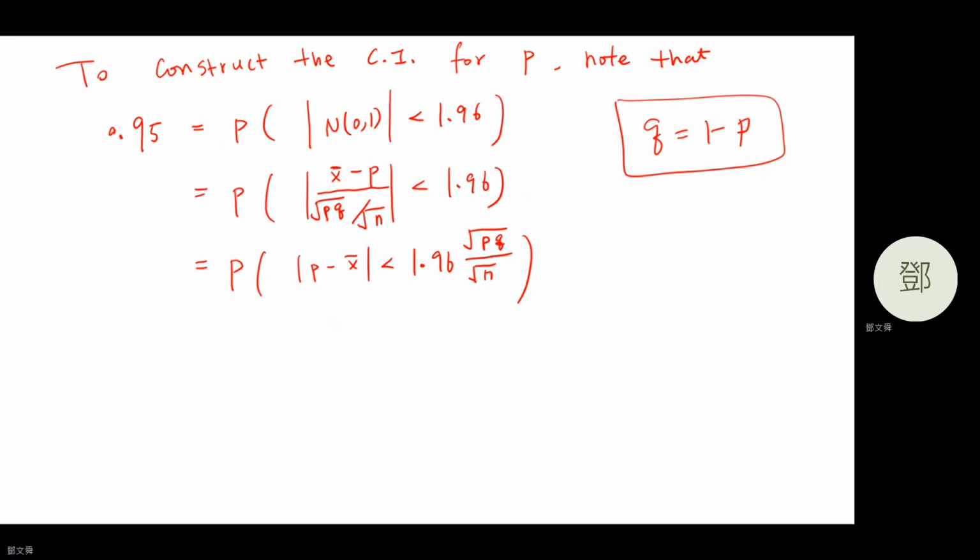X bar minus P in the absolute value sign is the same as P minus X bar. This is the distance from P to X bar, and this is the distance from X bar to P. They are the same. But the second expression is better for what follows.